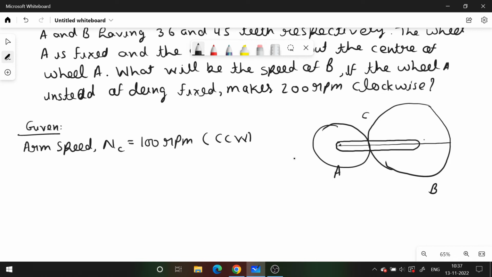Anti-clockwise rotation is taken as positive, whereas clockwise direction is negative.